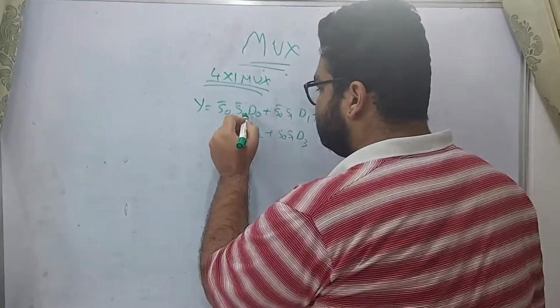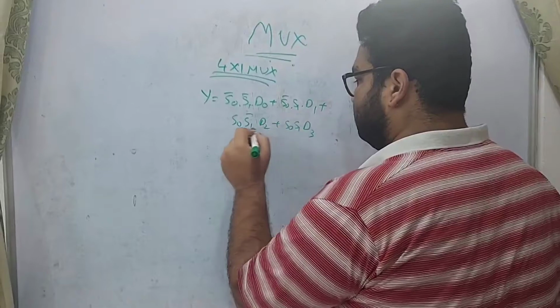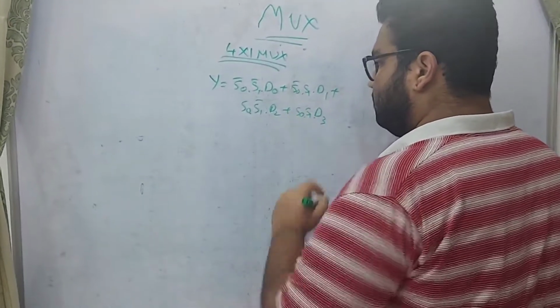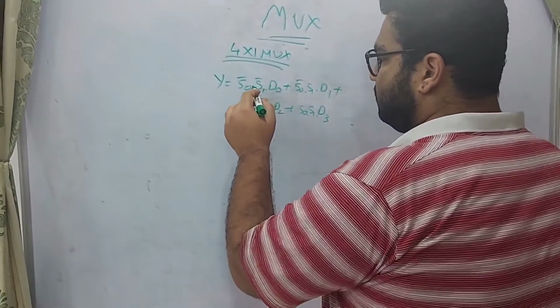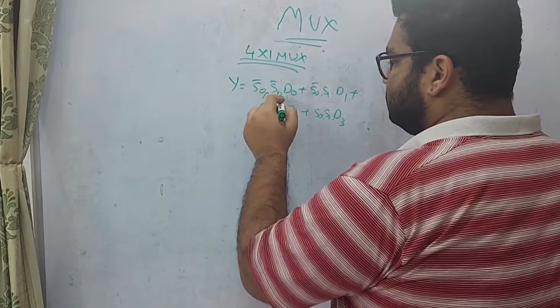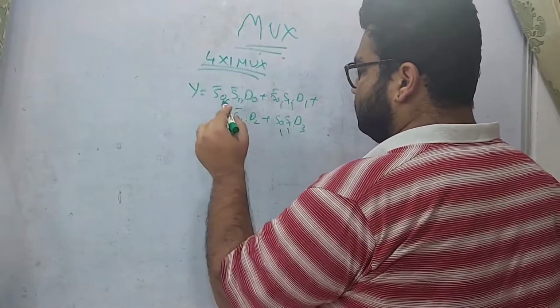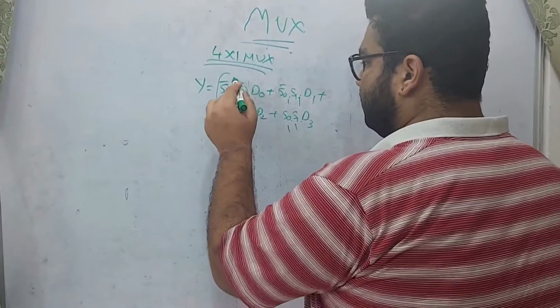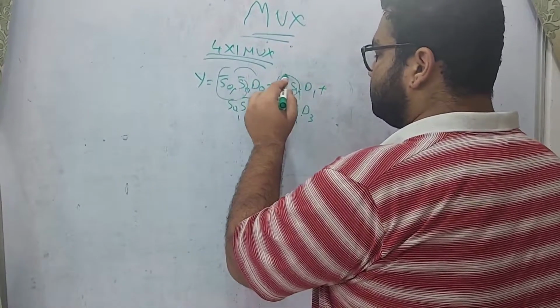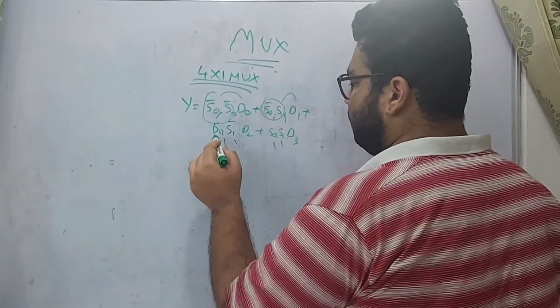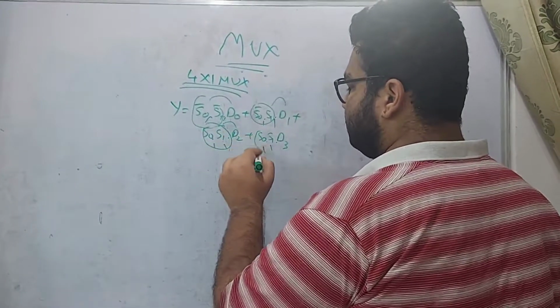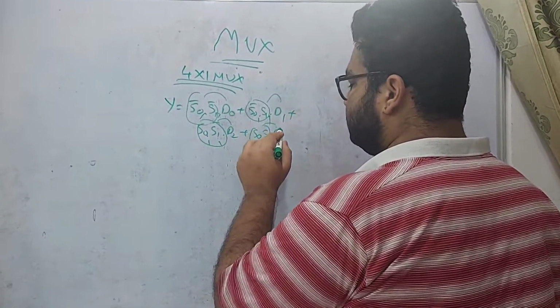So first, as you can see here, 1 AND gate, 2 AND gate. This is one combination of AND gates, 2 AND gates, one combination, 2 AND gates, one combination, 2 AND gates.